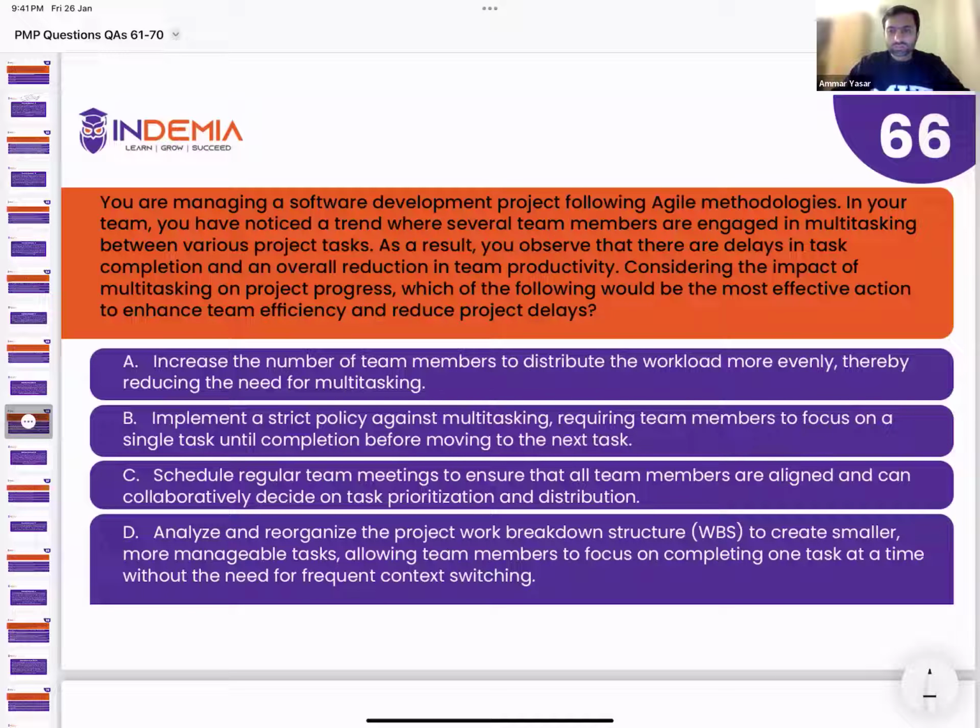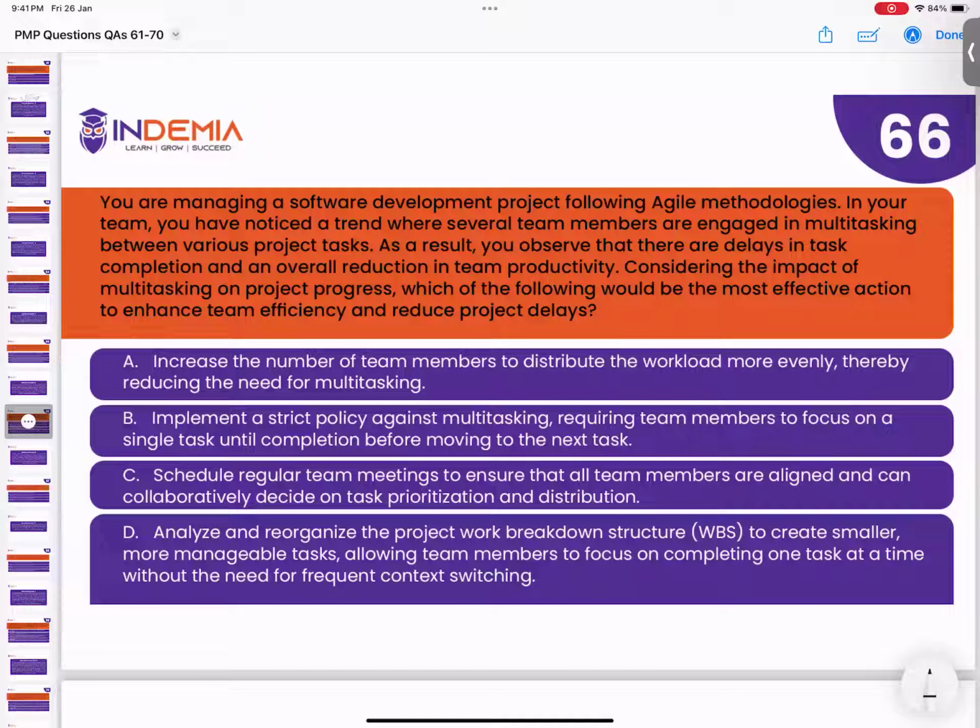All right, so I can see D and A. Shankar, why have you chosen option A? Because it's clearly stated that because of multitasking there is a delay in the project. So there is no even distribution of workload.